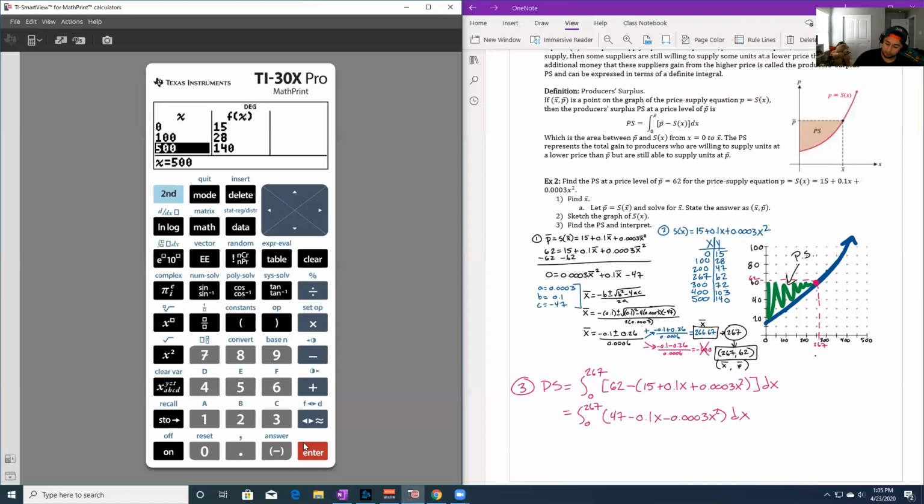So we'll get 47x minus 0.1x squared over 2 minus 0.0003 x cubed over 3 evaluated from 0 to 267.